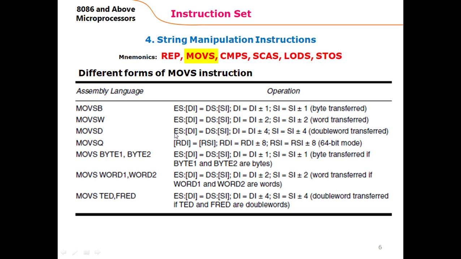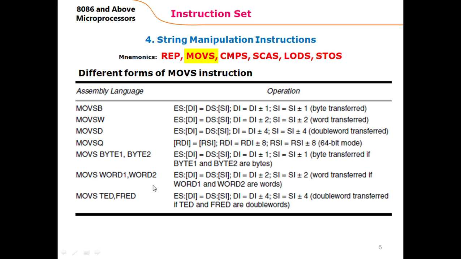So the transfer always happens from the data segment to the extra segment, and again the source index and destination index registers are used there to provide the offset address for the source and the offset address for the destination.